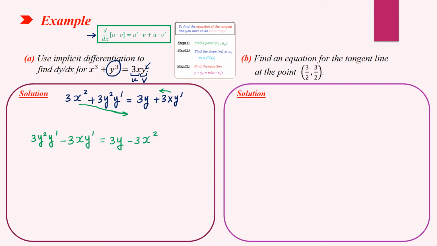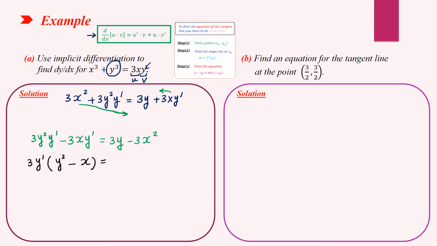Then take y prime as greatest common factor from the left hand side, 3y prime, then you will get y squared minus x.